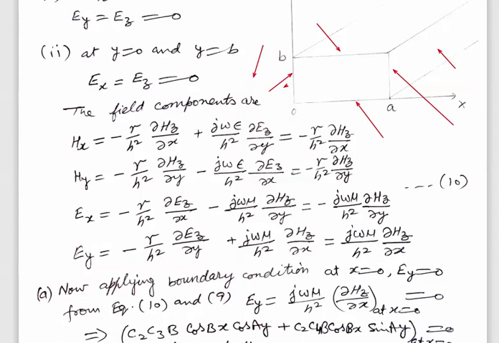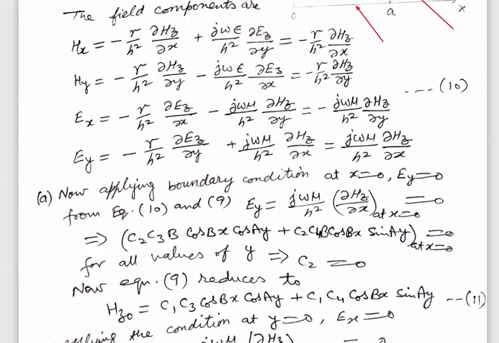Now for the TE waves, since Ez is 0, only Hz exists. So therefore in the set of these equations, only the Hz component parts are shown in equation number 10 for the TE waves. Now we apply the boundary conditions.